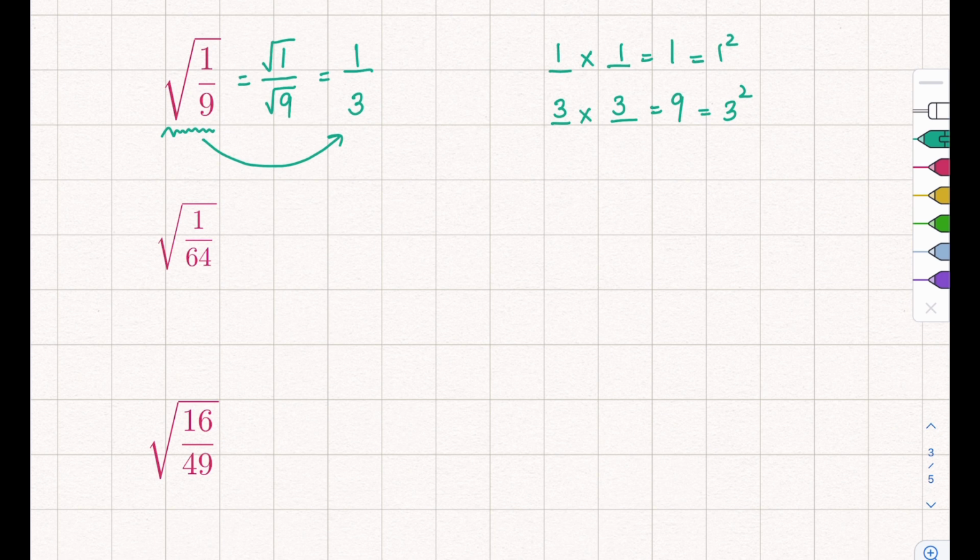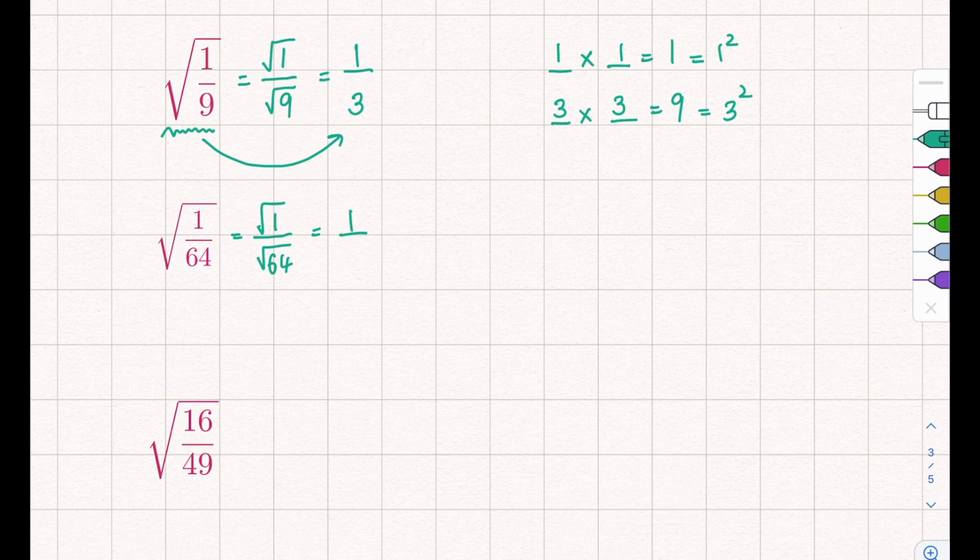Next question, we have the square root of 1 over 64. So once again, separate this into two parts: the square root of 1 for the numerator and the square root of 64 for the denominator. And as we've solved previously, we know that the square root of 1 is equal to 1, so we'll write 1.